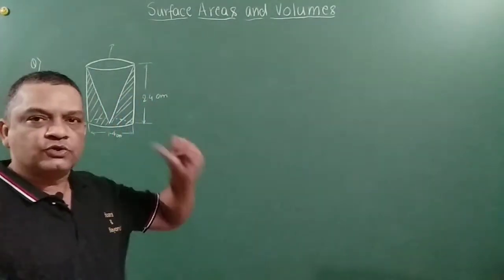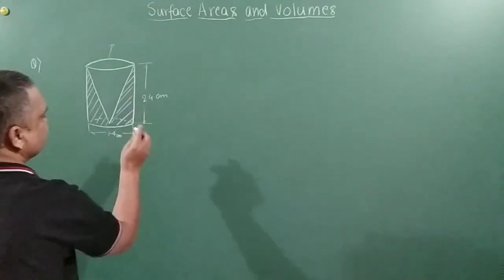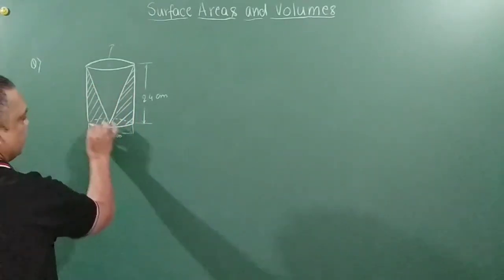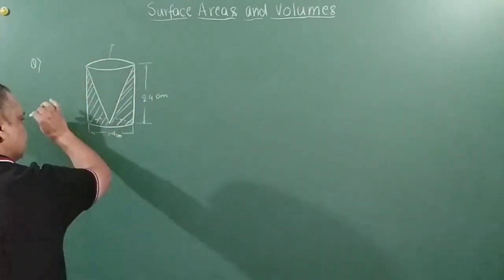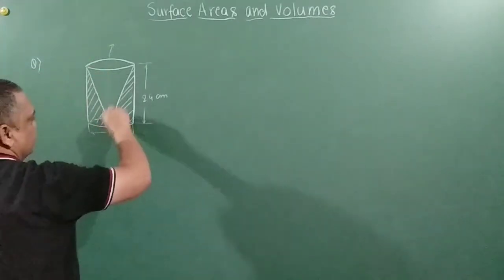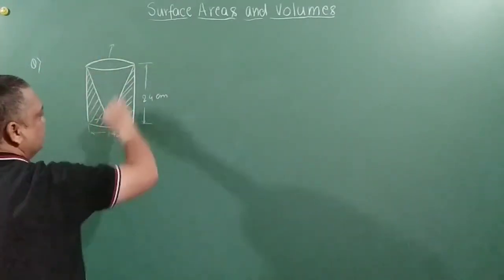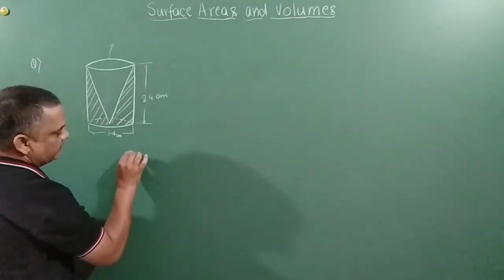Okay friends, so just see here, the total surface area will be what? Total surface area will be area of the base plus curved surface area of the cylinder, okay, plus this area, that is curved surface area of the cone, right? So let us write it here.